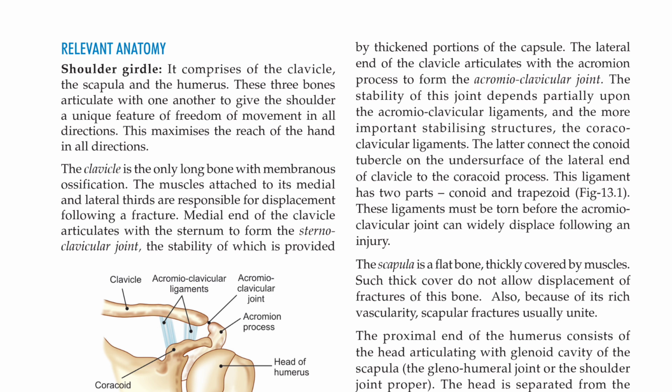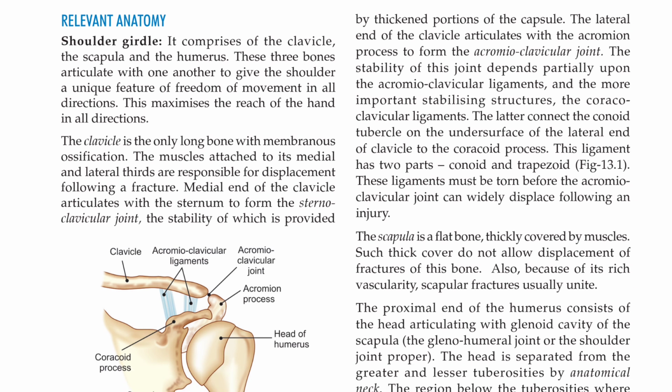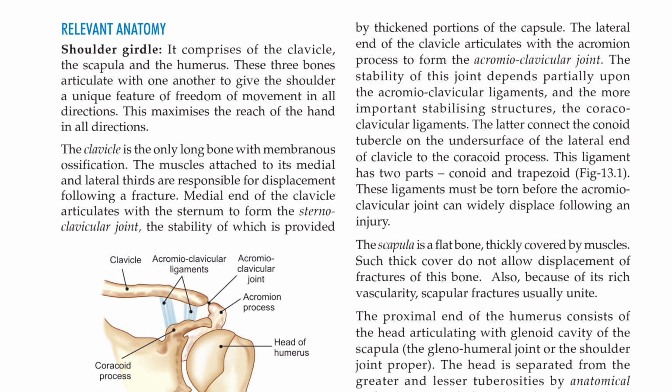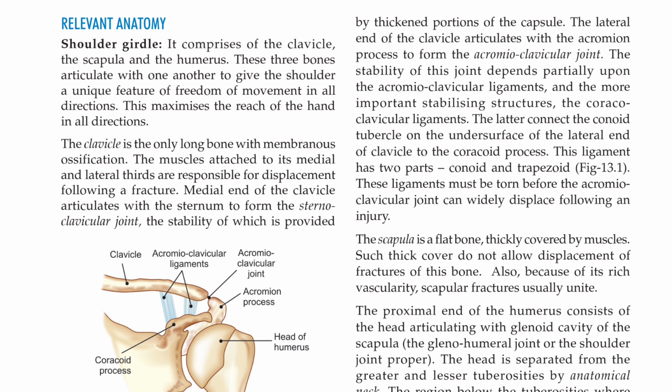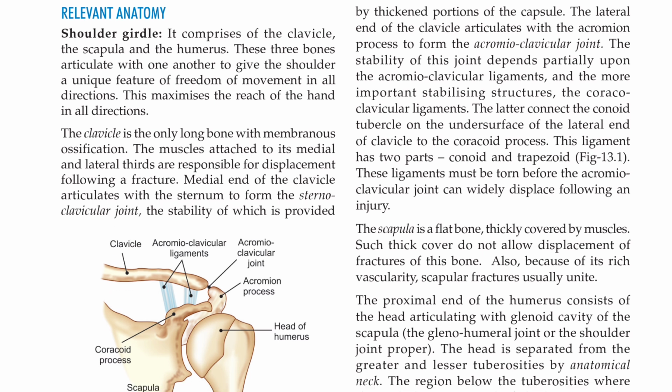The coracoclavicular ligament connects the conoid tubercle on the undersurface of the lateral end of the clavicle to the coracoid process.